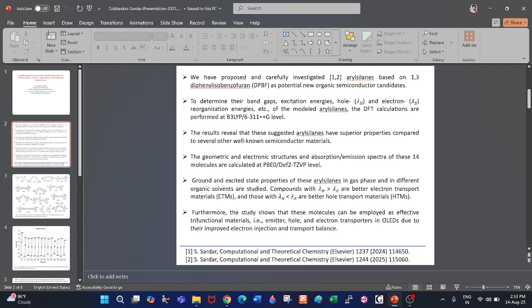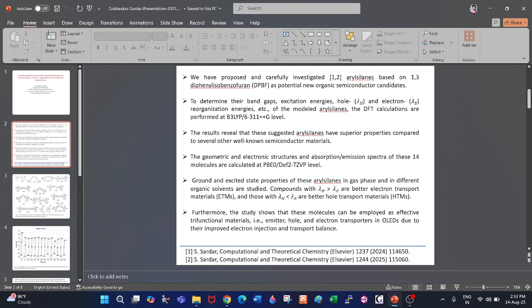The results reveal the three suggested aryl silanes have superior properties compared to other semiconductor materials. Geometry, electronic structure and the absorption and emission spectra of these 14 molecules are calculated at the triple zeta level. Ground and excited state compounds of aryl silanes in gas phase and different organic solvents are studied.